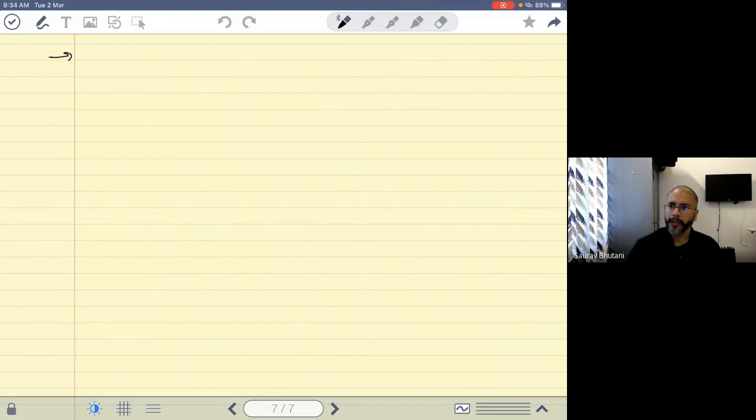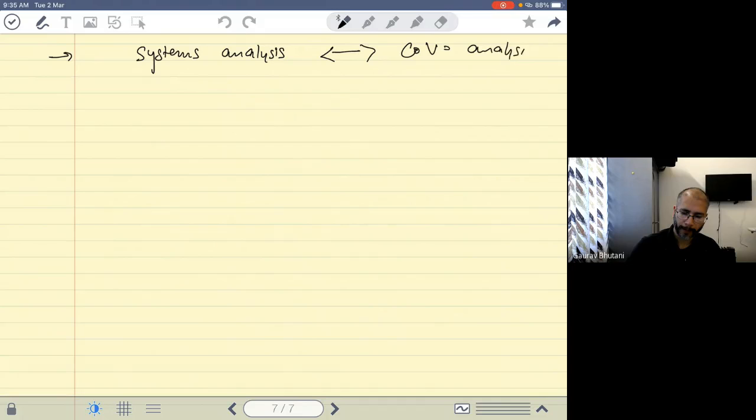Now, what we'll learn in the next lectures to come is how to relate a systems analysis to a control volume analysis. I just told you that you can easily write Newton's second law in the systems analysis. But what you really want is the control volume analysis. You would want to know the force acting as a function of time on the car, which is because of different molecules. So how can I relate the systems analysis to a control volume analysis?